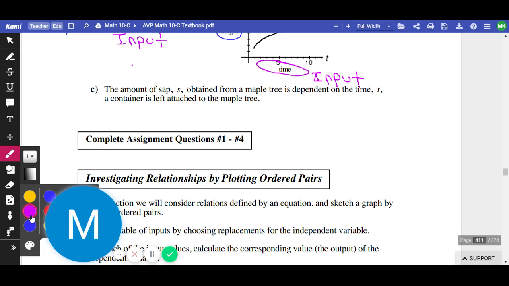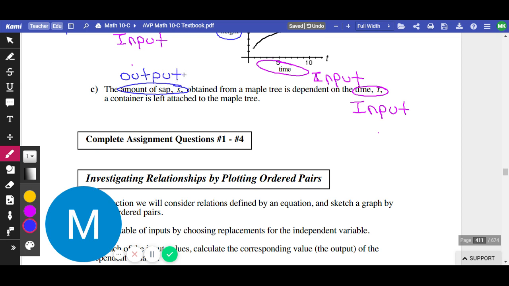Because you're choosing time, that makes it your input, or your independent. Your output is the result of the time that you chose. That means the amount of sap is your output, or your dependent variable. Again, it just depends how you want to discuss those terms.